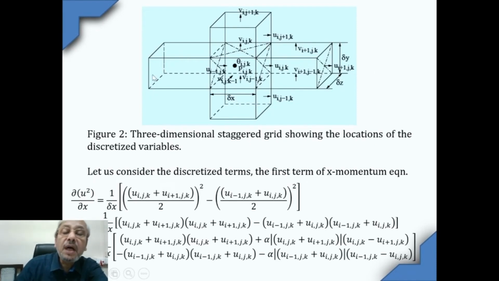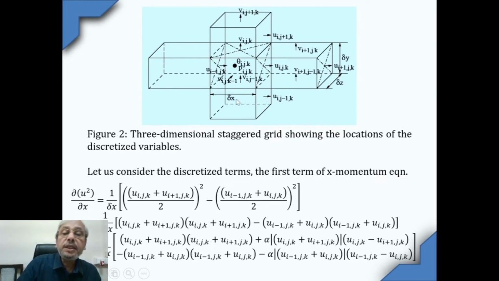Now we will give an example of how the U momentum equation, or X momentum equation, is discretized. This three-dimensional grid has been drawn.